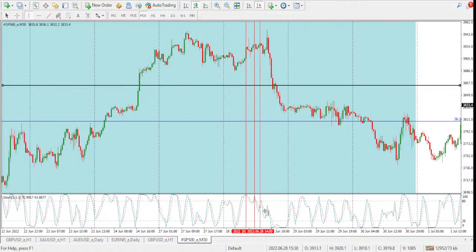Look at the high of this one, the high of this one, and the high of this one. It looks like as the indicator is getting lower, the price is getting higher. So what that simply means is that there are extremely high chances that we are now reversing to the lower side. There is very high chance that now we are reversing from this point, heading straight to the lower side.